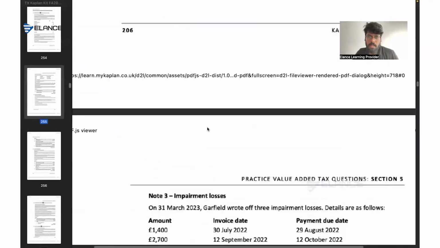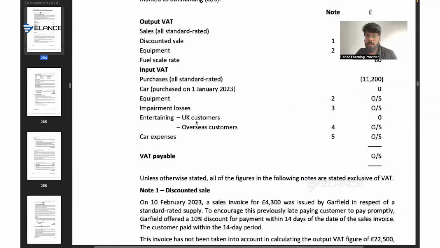Look at the next adjustment. The next adjustment is entertainment of two kinds of customers, UK customers and overseas customers. The condition for entertainment expenses: if I'm entertaining UK customers, I cannot reclaim the input VAT incurred on that entertainment.